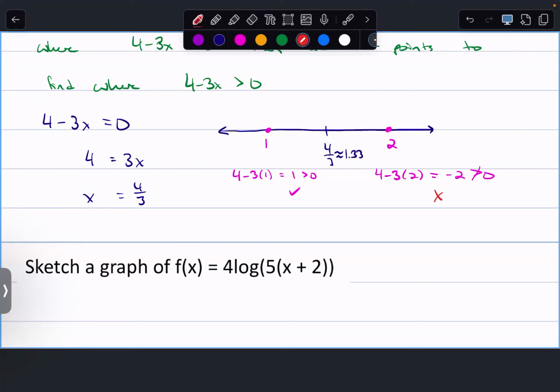Bad. I'll do a green check mark. Oops, try to erase it. Which tells me that this is the interval that I want, not including 4 over 3, because that is where it equals 0, and I can't have it be equal to 0, but it can be any value less than that.